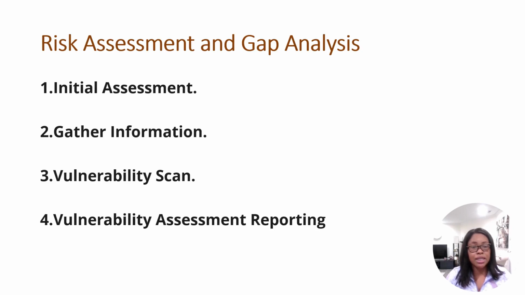And this is part C. In part C is the risk assessment and the gap analysis. Performing a risk assessment on any machine, whether you have an open port or any vulnerability on a system, requires a systematic approach that involves identifying vulnerabilities on your system, assessing vulnerabilities and threats, evaluating the potential impact and likelihood of attacks, analyzing existing security controls, and considering the overall impact on the organization.